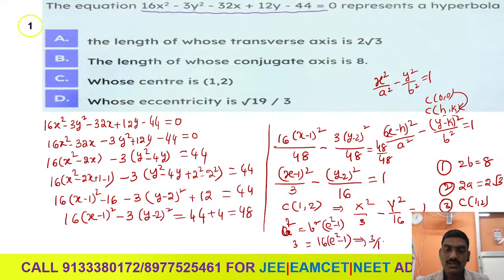So 3 over 16 is equal to e square minus 1. e square is equal to 3 over 16 plus 1, so 19 over 16. Then e is equal to square root of 19 over 4. Right?